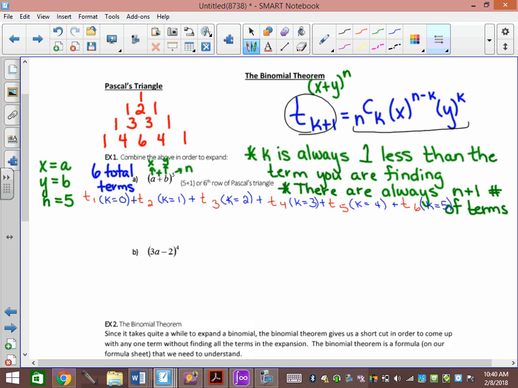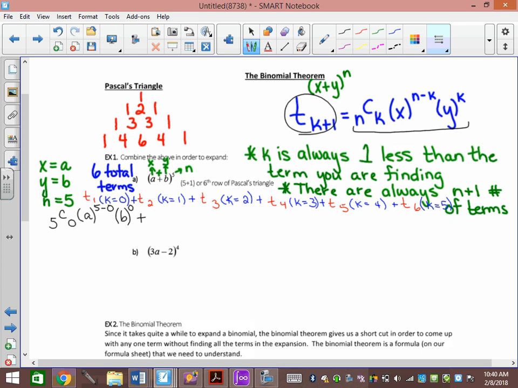Okay? So term 1, n is 5. C, what's my k? 0 for term 1, right? X is a to the n minus k, so 5 minus 0 is my exponent. And then y, which is b, to the k, which is 0.